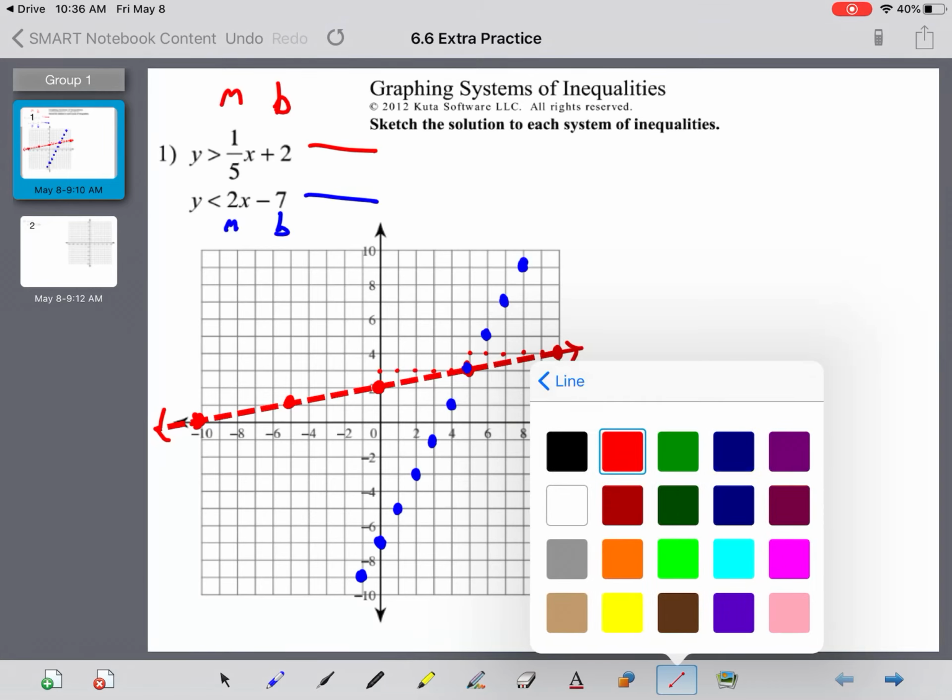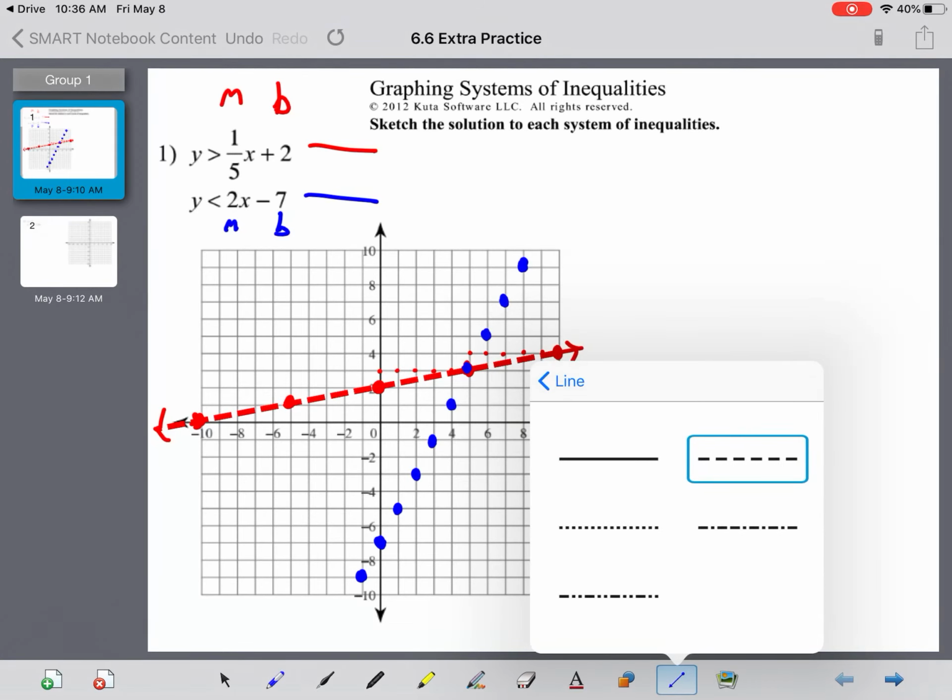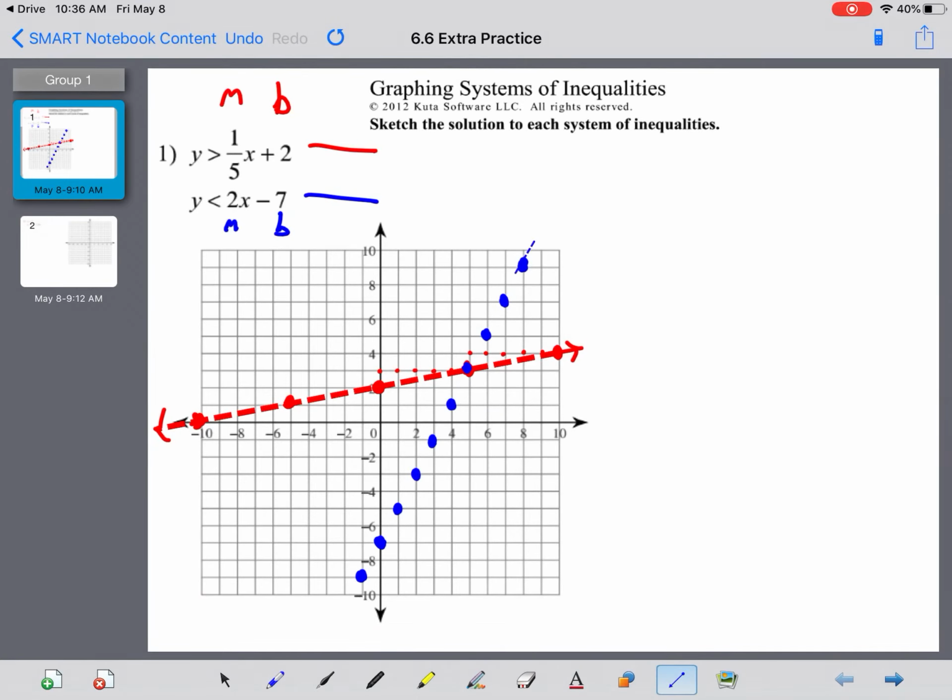Again, the less than symbol means it's going to be a dashed line again. Okay. Now all we have to worry about is the shading.